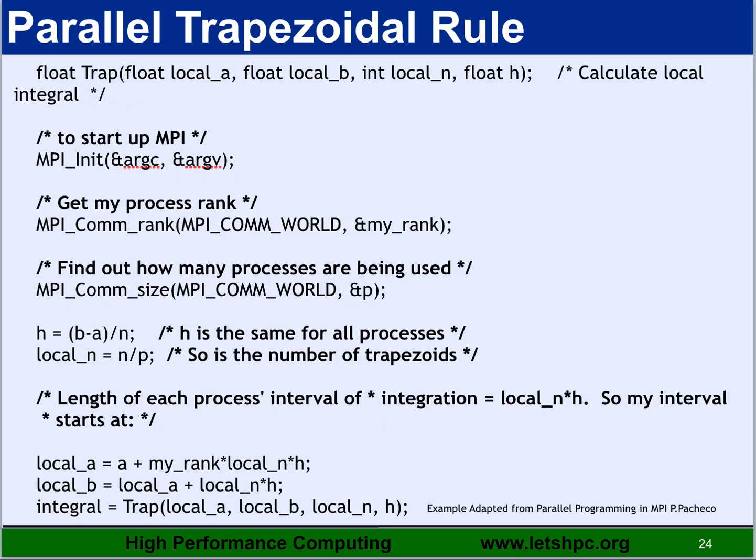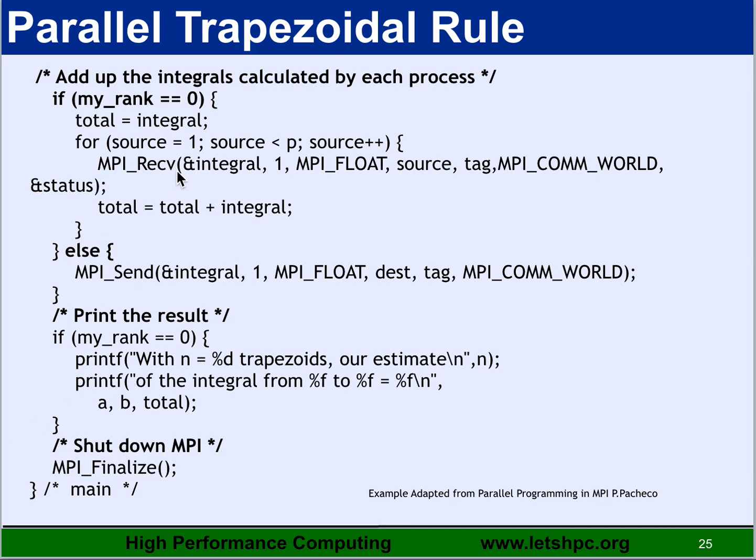So when you look into this MPI send, all processes are sending to destination 0. And then once this is done, we can get the final result, and then we can terminate the MPI environment.